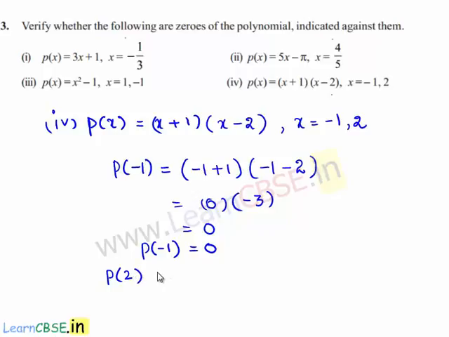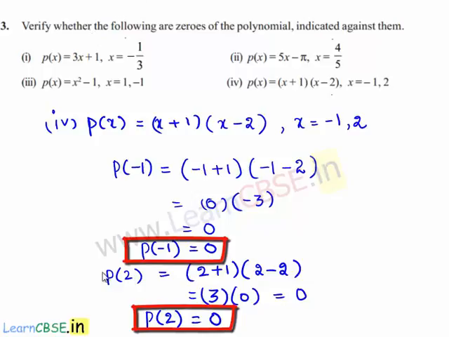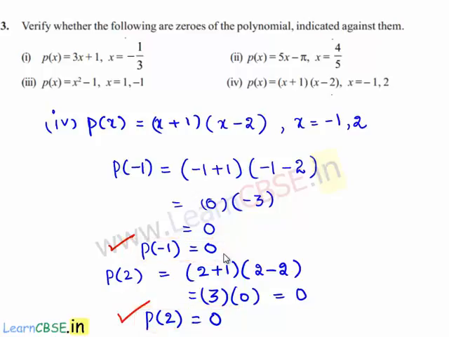That is, P of 2 is equal to 2 plus 1 multiplied by 2 minus 2, which is 3 multiplied by 0, that becomes 0. Therefore, P of 2 is equal to 0. So we can say that P of minus 1 is 0 and P of 2 is equal to 0. That is, minus 1 and 2 are the zeros of the polynomial.